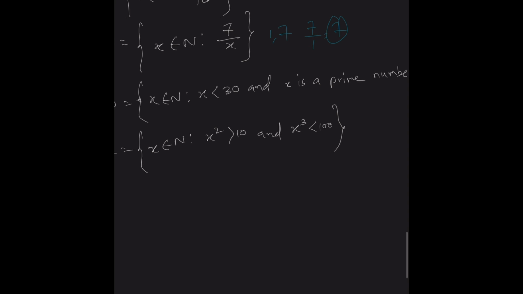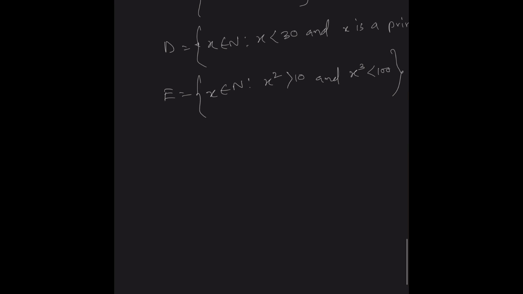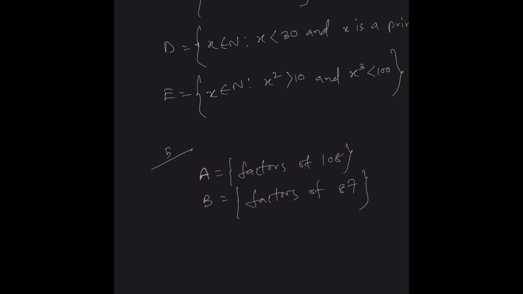So how do we do such math, right? A and B are two sets where A is a set consisting of all the factors of 108, and B consists of all the factors of 87.